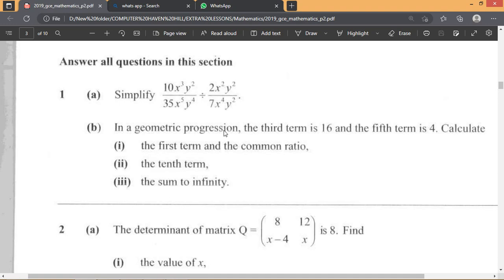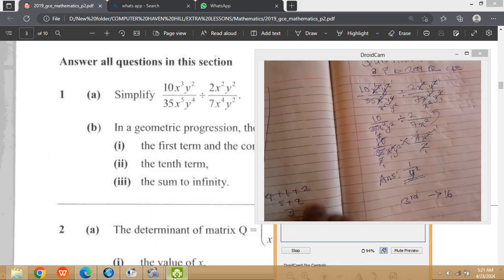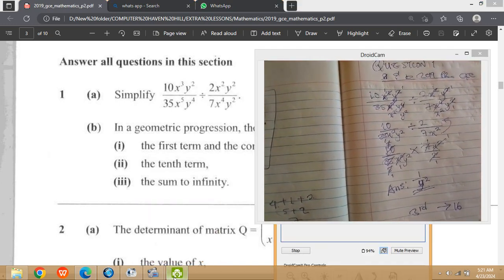So let's try this. How do we calculate the first term and the common ratio? The information we've been given is that the third term is 16. Okay, the third term is 16, that is good.